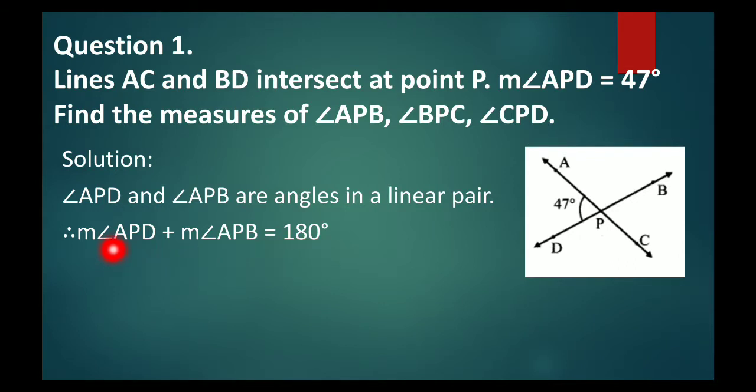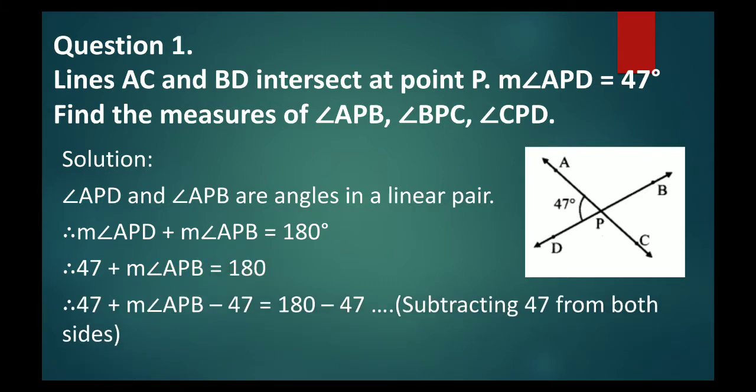And we know that APD is how much? 47 degrees. So we write 47 plus measure of APB is equal to 180. We want to remove 47 from both sides, so we subtract 47 on the left-hand side and the right-hand side.